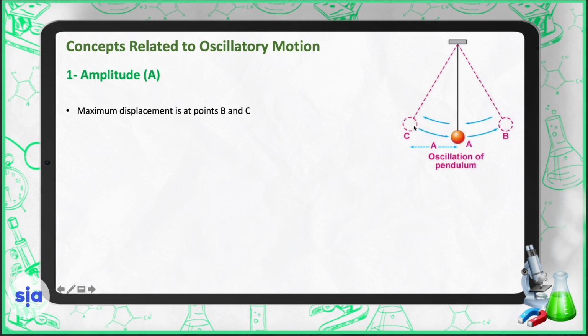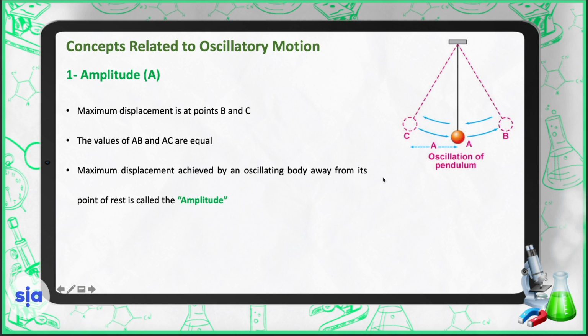So it is at point C and at point B. We also know that AB and AC are equal. The maximum displacement achieved by an oscillating body away from its point of rest is called the amplitude. So AB is an amplitude and AC is another amplitude, and they are equal.